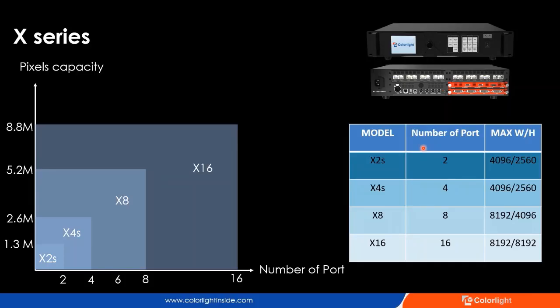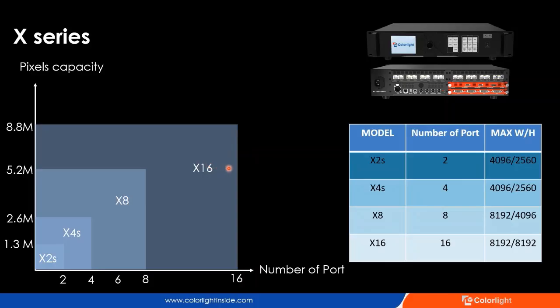The X-series processor is integrated with a standard video processor, and on the X16, it's integrated with the splicer. Let's have a quick look at some typical models from the X series: X2X, X4X, X8, and X16.